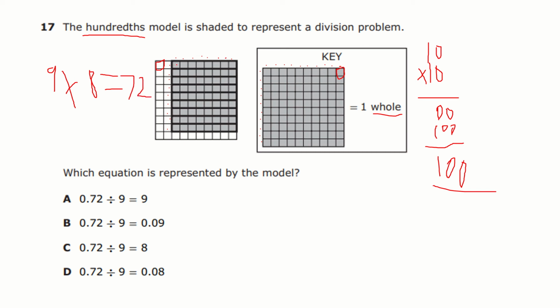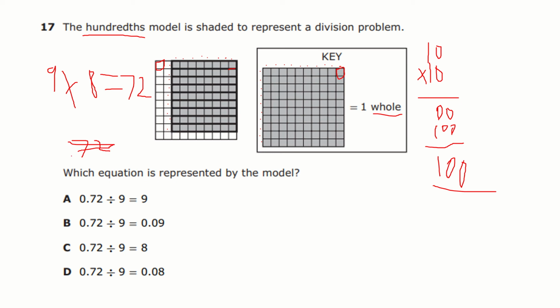And so we see the 72. We have that 72 as an entire block, and then it's divided with these bolded lines into 9 different parts. If we were to calculate how many blocks are in each row, we'd have to do 72 divided by 9.